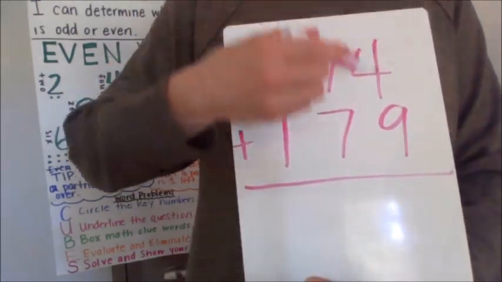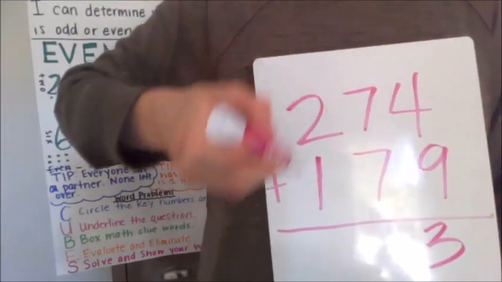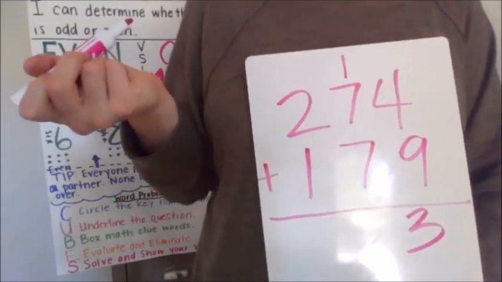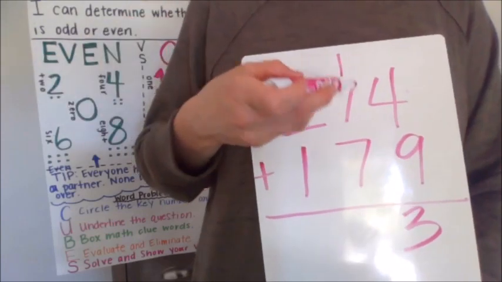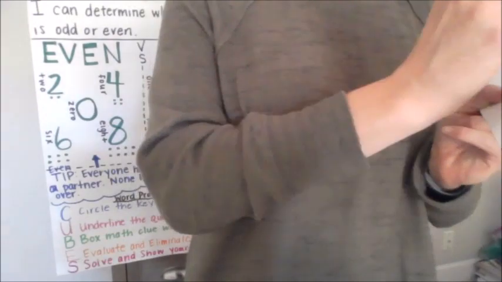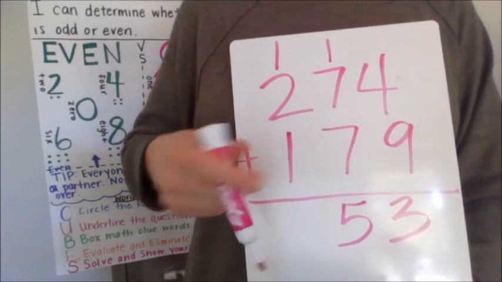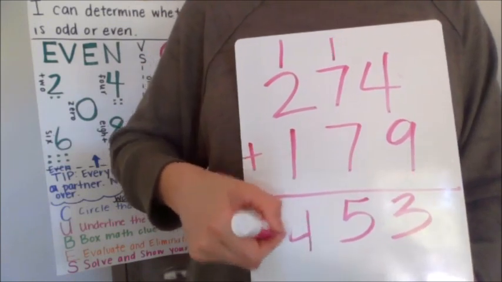All right, so we're going to start in our ones place. 4 plus 9 is 13. So then I have to regroup my 1 to my tens column. 1 plus 7 is 8... 1 plus 7 plus 7... So I put my 5 in the tens column below and regroup my 1. 1 plus 2 plus 1 is 4.